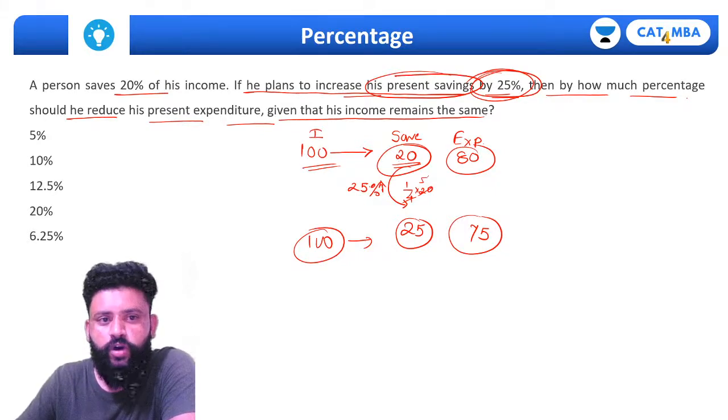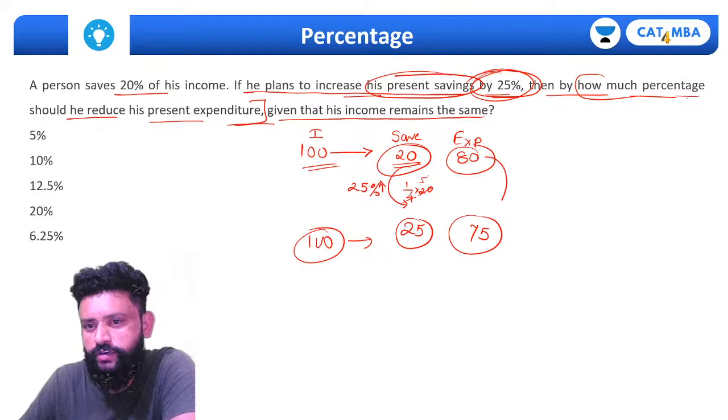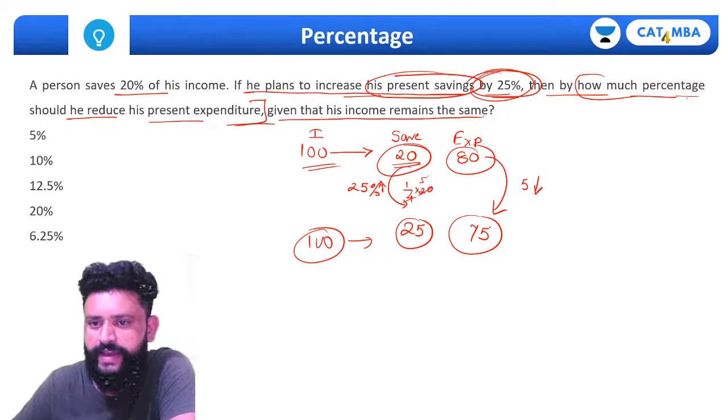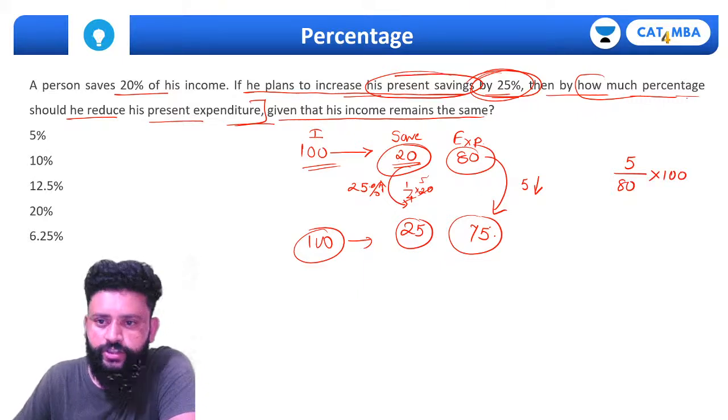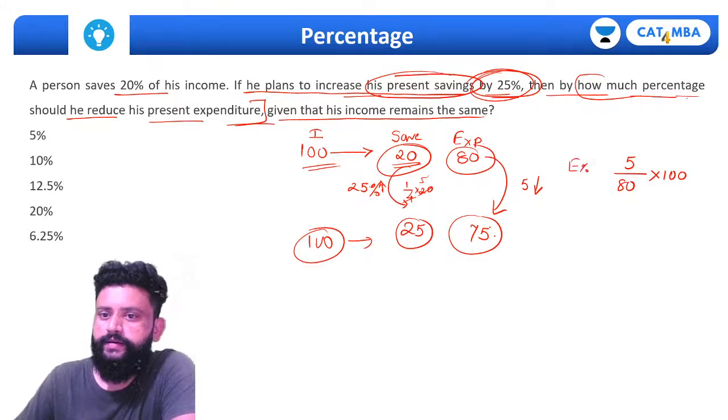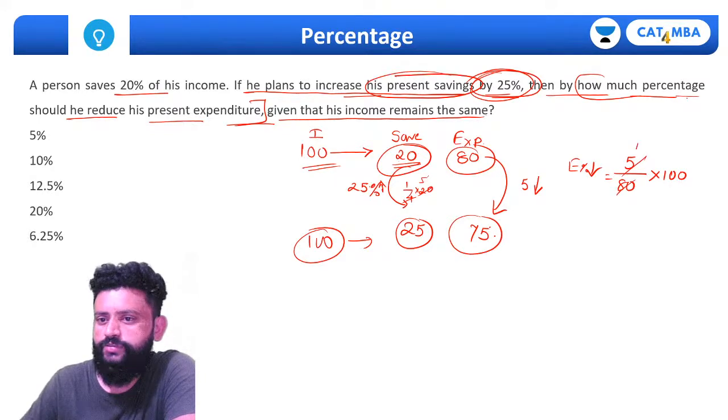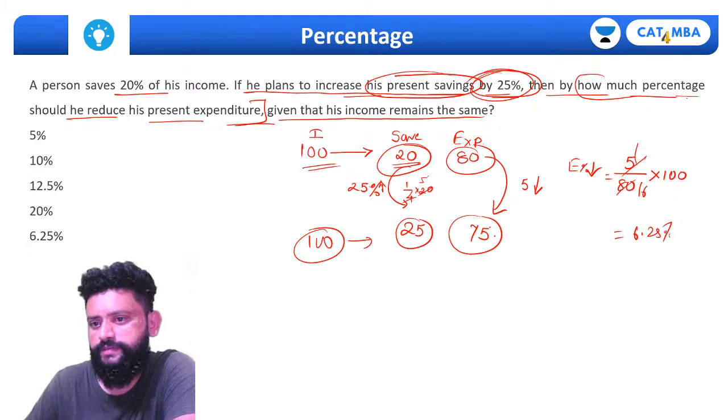So by how much percentage should he reduce his expenditure? Expenditure was 80, now it is 75. So expenditure was reduced by 5, and 5 का comparison किसके साथ होगा? 75 के साथ या 80 के साथ? It should be expenditure decreased by 5 by 80 into 100. 5 by 80 is 1 by 16. 1 by 16 is 6.25%.